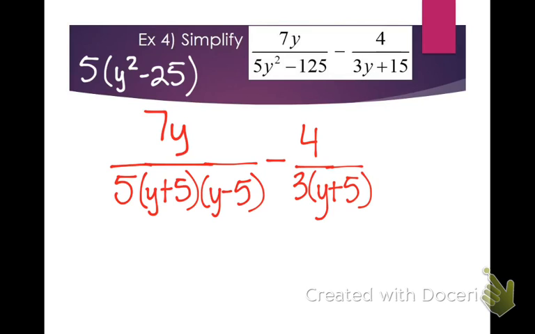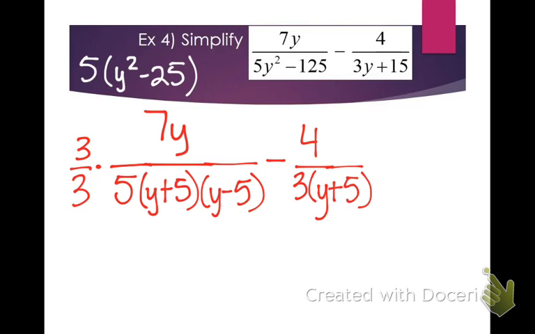What, if anything, is the first one missing that the second one has? A 3. The first one is missing a 3. That's the only thing that this one has that the first one does not have. So we're going to multiply top and bottom by a 3.